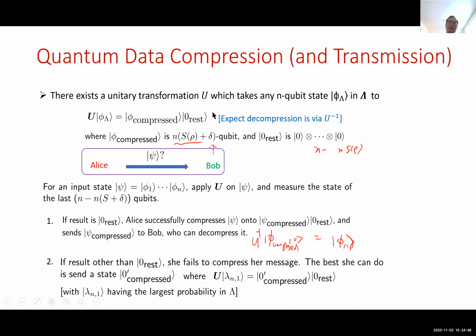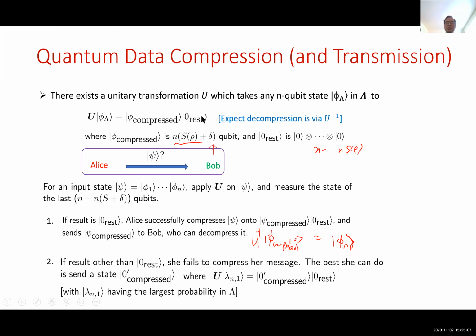Okay, but that would happen with a smaller probability. Does that make sense? That would fail. But Alice would know because she measured.